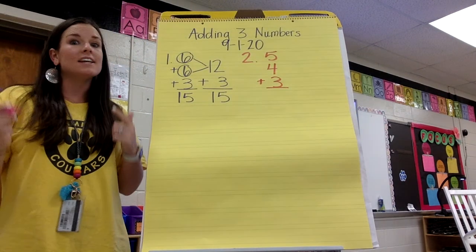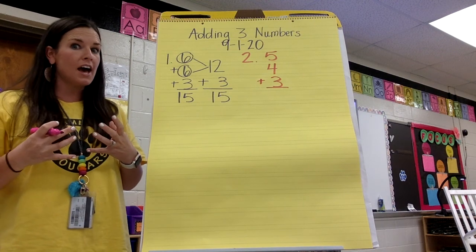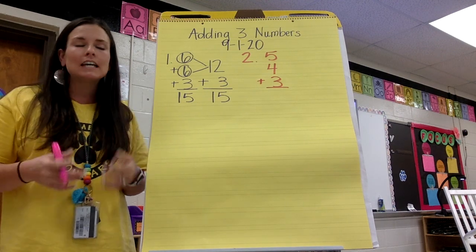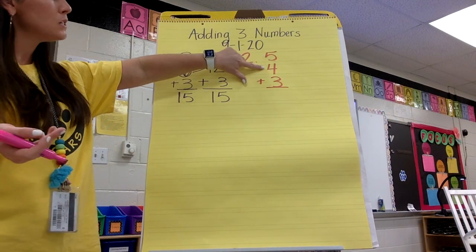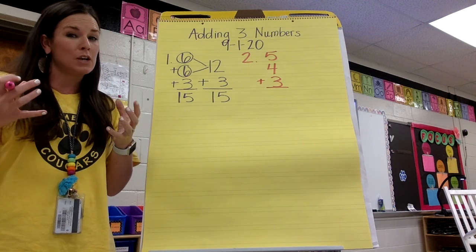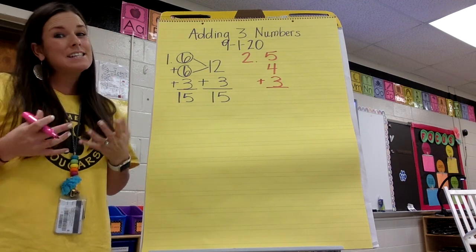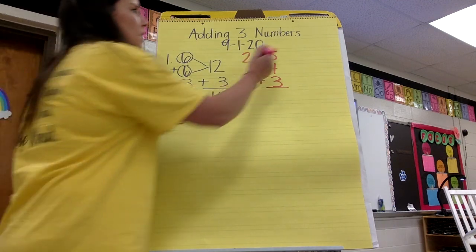My thought is always which fact is 10 or a double stack or maybe closest to 10. That's where I want to start. When I look at 5 plus 4 plus 3, I don't see a double stack and I don't see an answer that equals 10. But I see something that's close to 10. So I'm going to start with 5 plus 4.